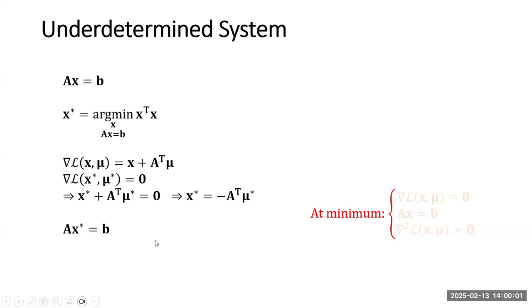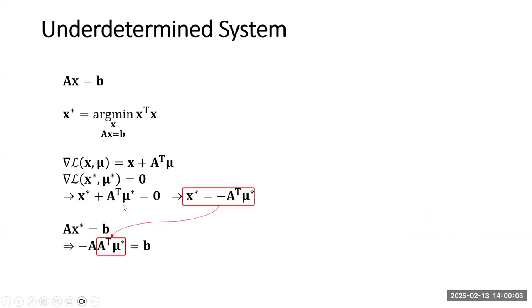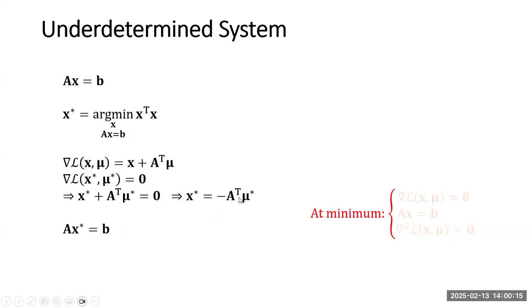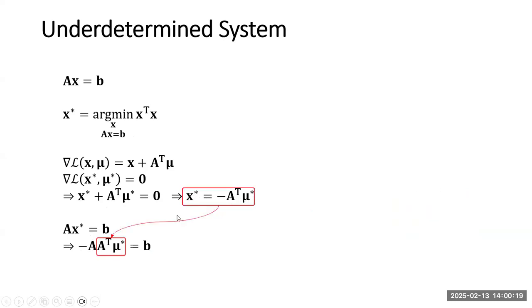That's the constraint. So just let in Ax star equals b, since we know that x star equals negative A transpose mu star.